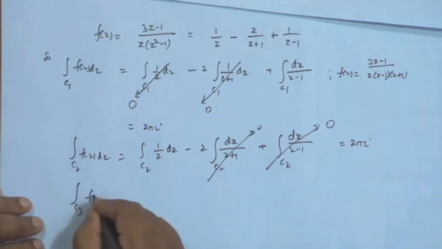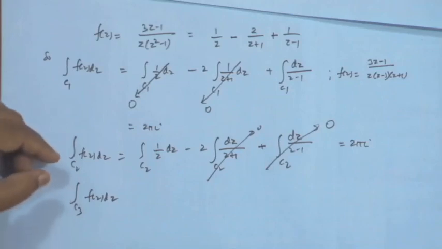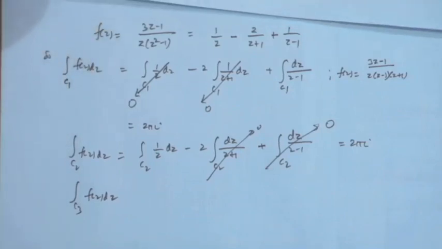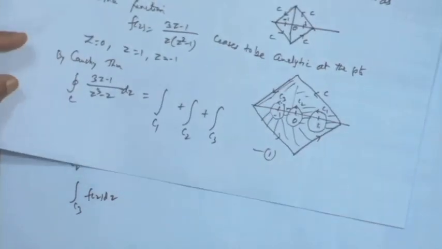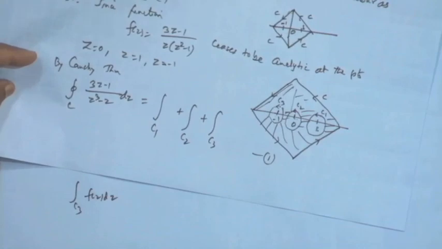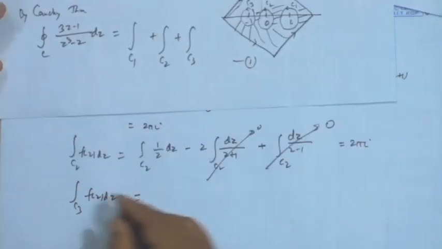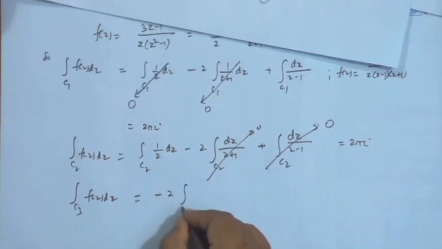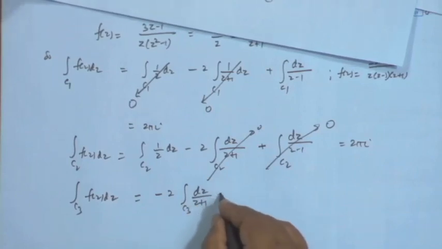the integral along C3 of f z dz. C3 encloses z equal to minus 1. So, this will give the value, and the rest will be 0 except this one.